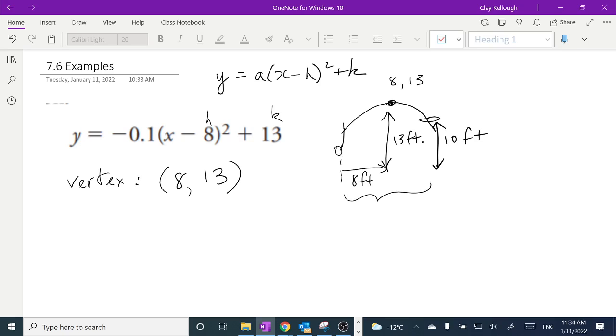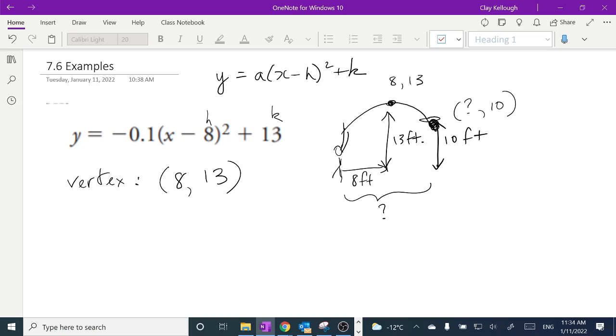Here, let me draw the basketball player. There's his arms. How far does this basketball player have to be for this shot to have a chance of going in? In other words, if the y value at this point here is 10, what does the x value have to be?